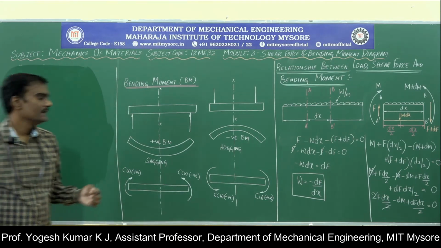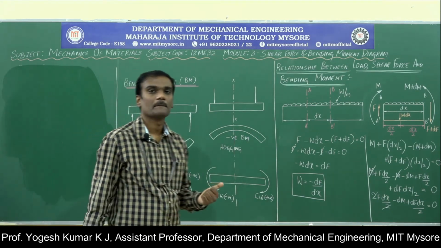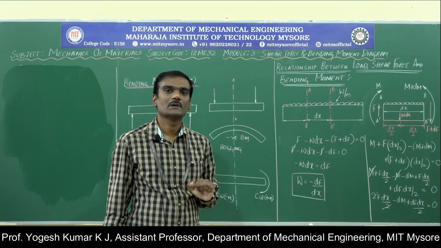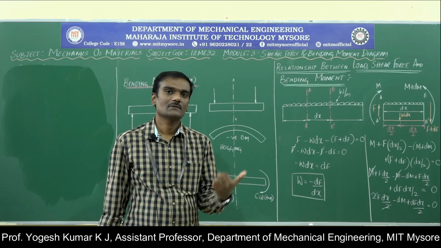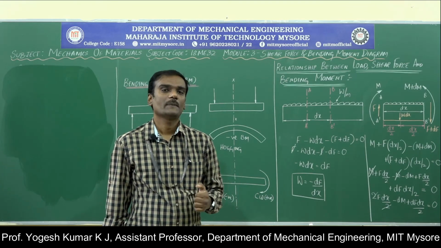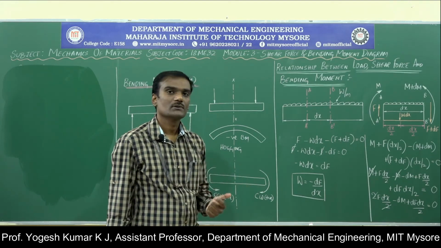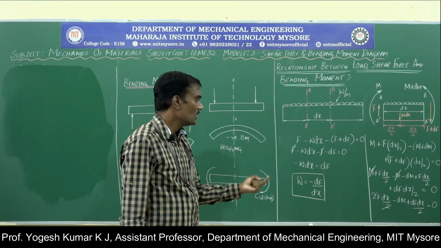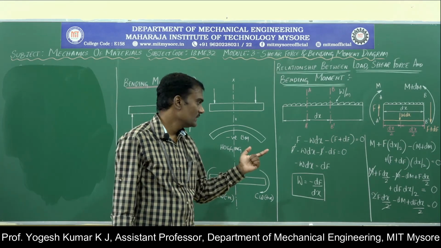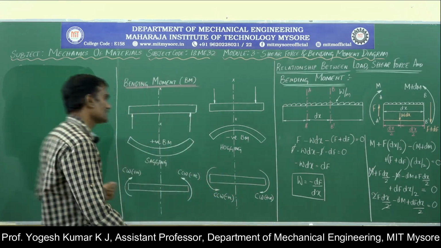Then observe, dF itself is a smaller number and dx is also a smaller number. What is the product of a smaller quantity into a smaller quantity? It will again result in a still smaller quantity. So we can ignore or neglect the higher order terms, that is dF and dx.